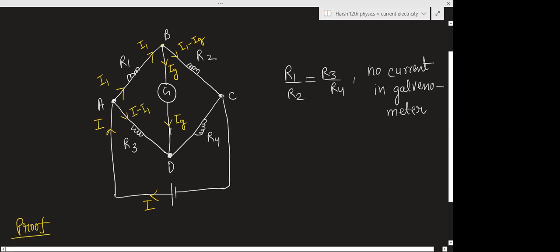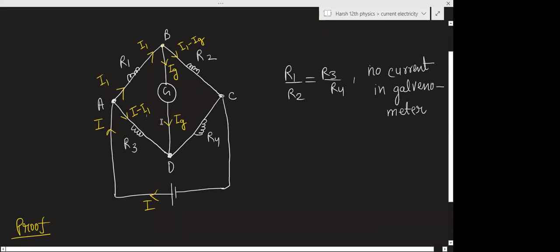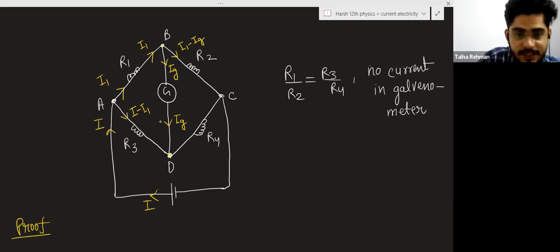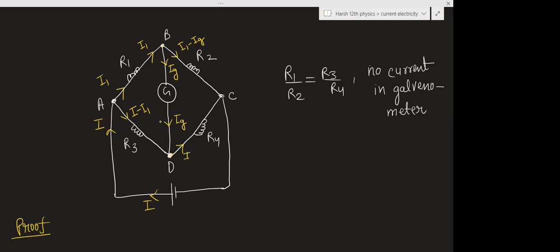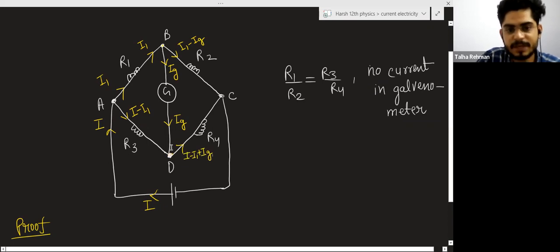Now check. This current is coming in this direction, and this current is coming in this direction. So at this junction point all the current will meet. The current in this direction will be I minus I1 plus I1 plus IG. Why are we doing plus? Because both are in the same direction.